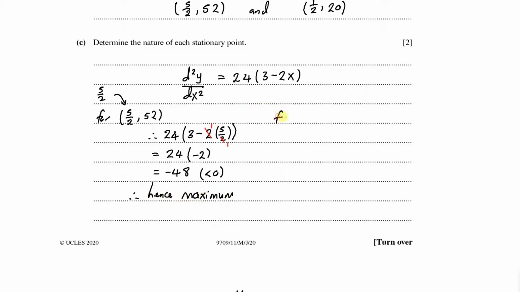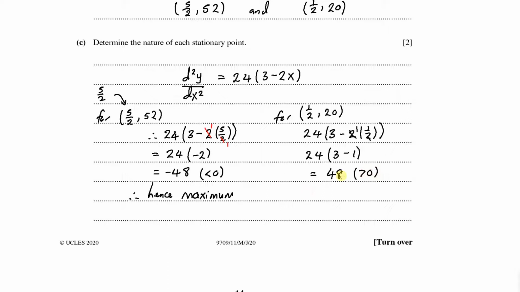And then now for the point half and 20, the second derivative will be 24 of 3 minus 2 of the x value, which is a half. So that will be 24 bracket 3 minus 1, which is 24 times 2, which gives us positive 48, which is greater than 0.